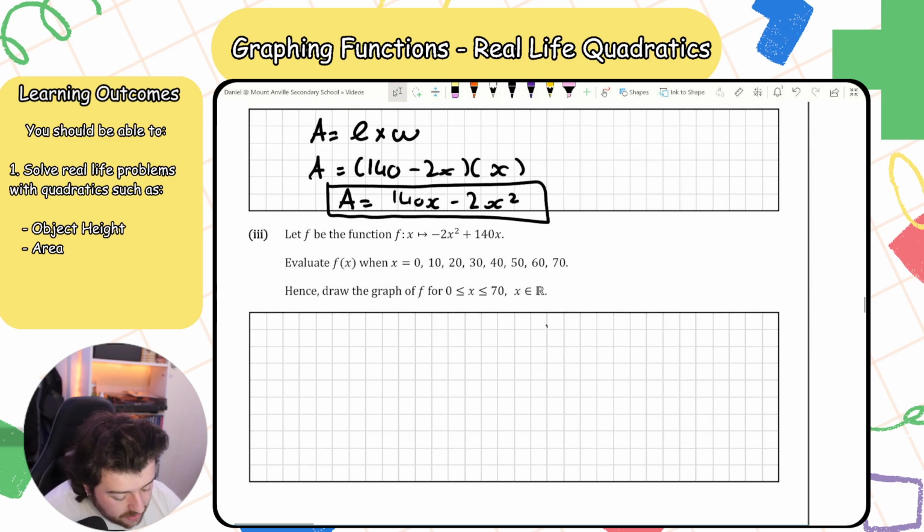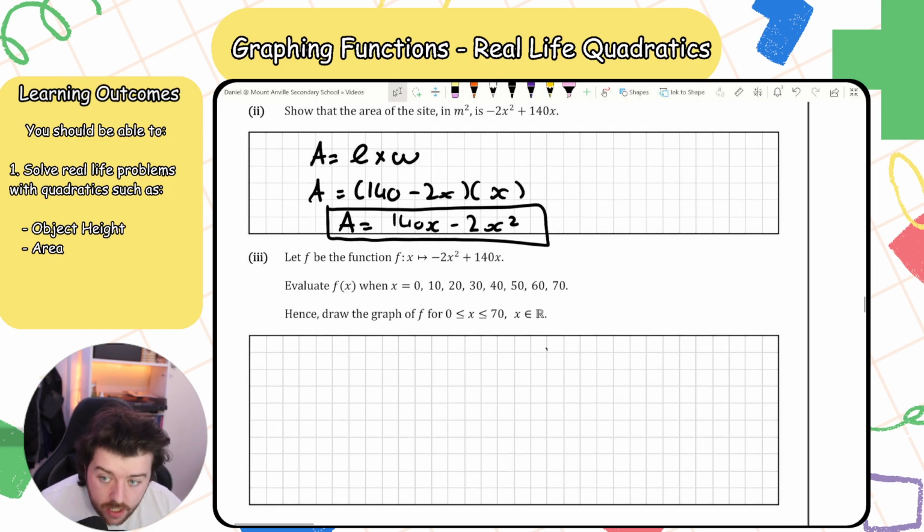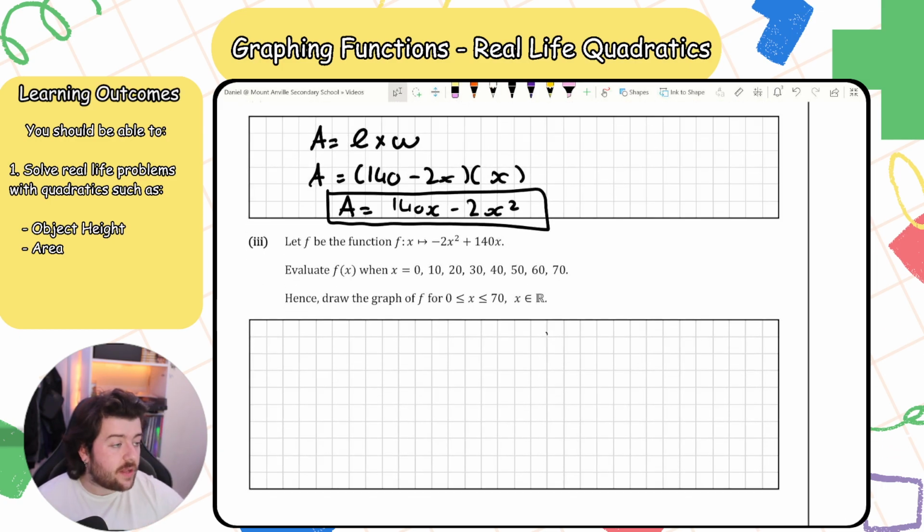So let f be the function minus 2x squared plus 140x. Evaluate f of x when x equals 0, 10, 20, 30, 40, 50, 60, and 70. So you see here we're going up in tens, and we're asked to draw this function. Now, if you got part 2 wrong, you can still do part 3 because they've given you the function we need to plot.